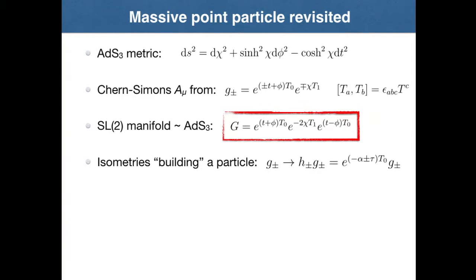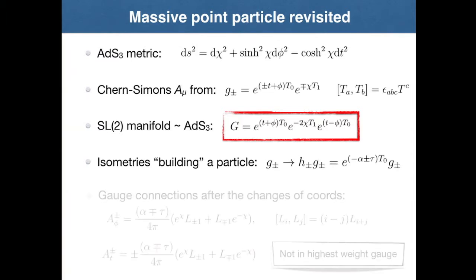And the isometry that we used to build a point particle by doing identification of points in this formulation can be rephrased in this way. As in the general case, this is just a left multiplication of a group element giving the Chern-Simons connection, and the particular form of the connection is just this one. And you can easily see why, because like this, I'm just shifting t and phi as I did in the metric formulation.